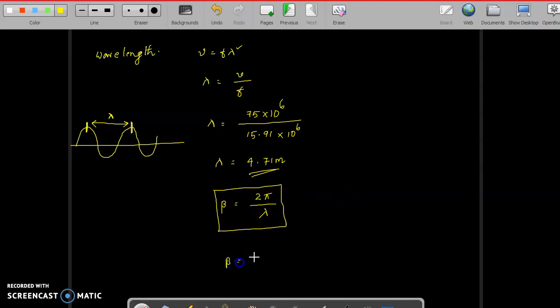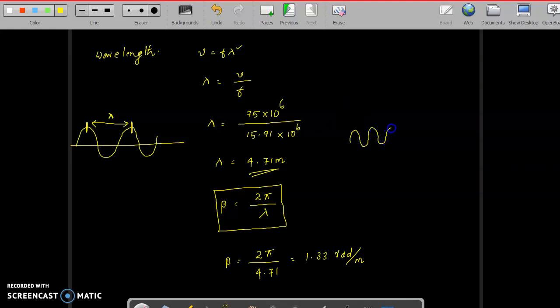So here beta becomes 2 pi by the wavelength 4.71. So beta comes around 1.33 radian per meter. That means for 1 meter of distance traveled, we produce a phase shift of 1.33 radians.